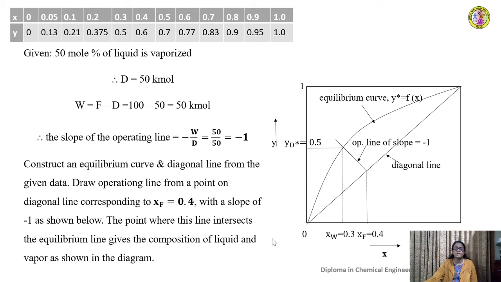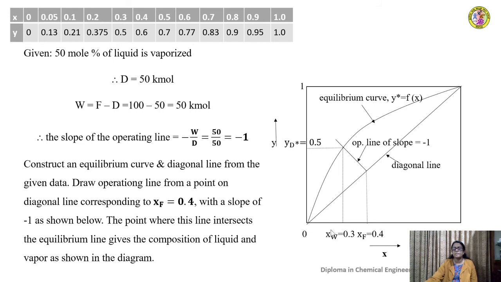Construct an equilibrium curve like this using XY data. You all have already practiced how to construct this plot once you know the value of X and Y. So first you need to construct the diagonal line by taking X values on the X-axis, Y values on the Y-axis.